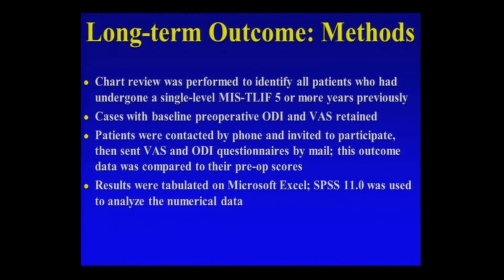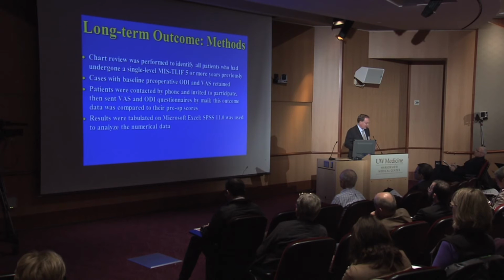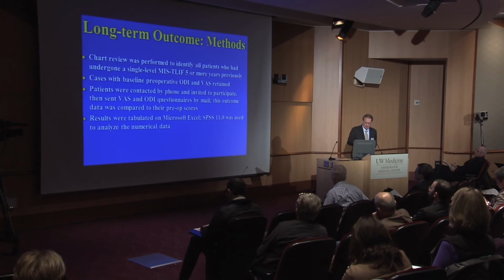So that's good, but the notion here was, well, are these changes sustained? And as we'll talk, the reason that's important is because the value of a procedure, at least to society or to an insurer, to a payer, increases if the benefit of that intervention is sustained, because the costs of any surgery are front-loaded. You spend them up front.